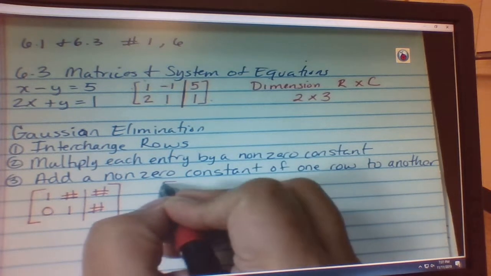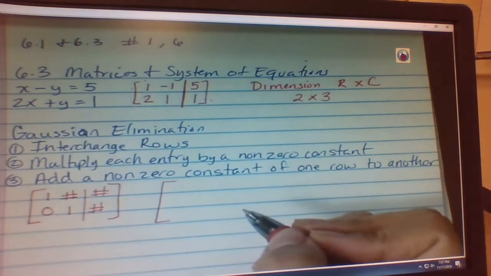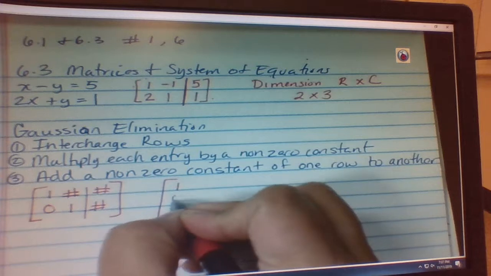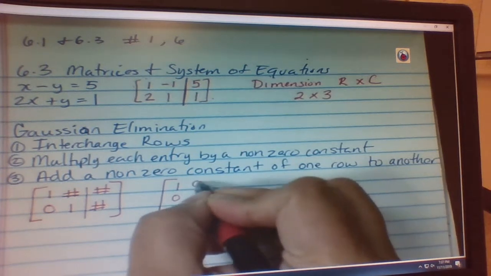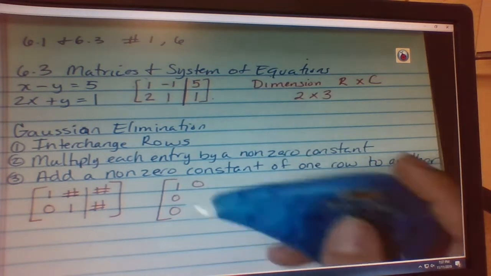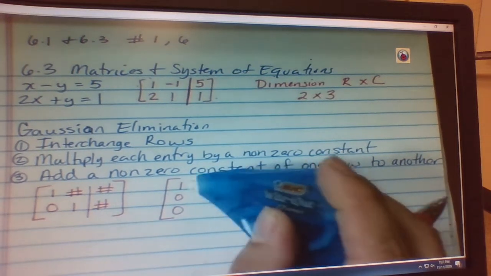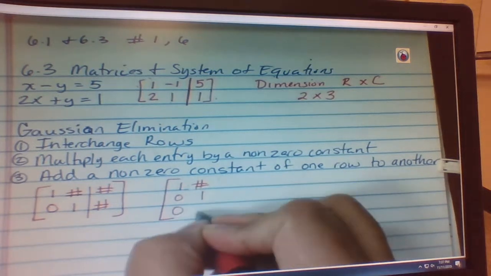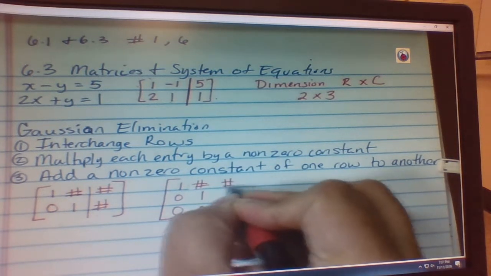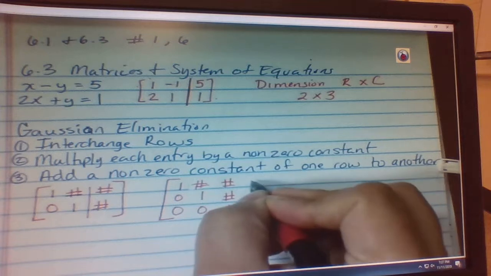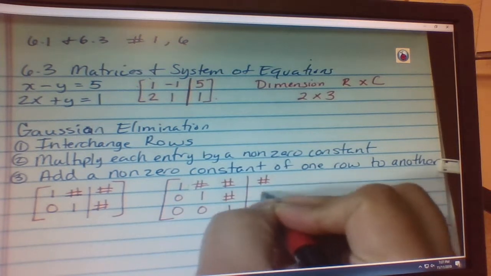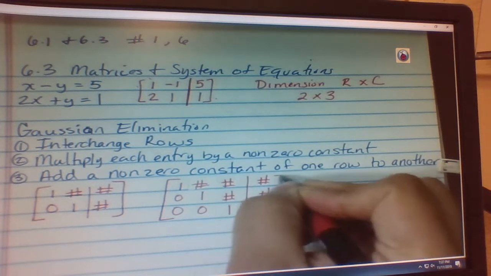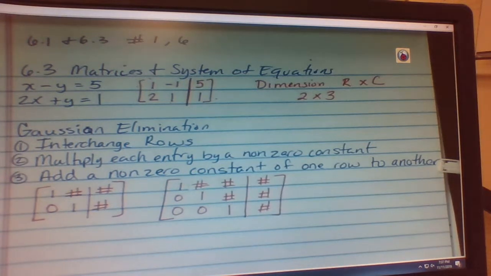If it's a 3x3, which we're going to do before you leave, there's a number up here. A number sign means it's just going to be some random number that will give you the answer, but I can't tell you it's going to be a 5 or a 6.